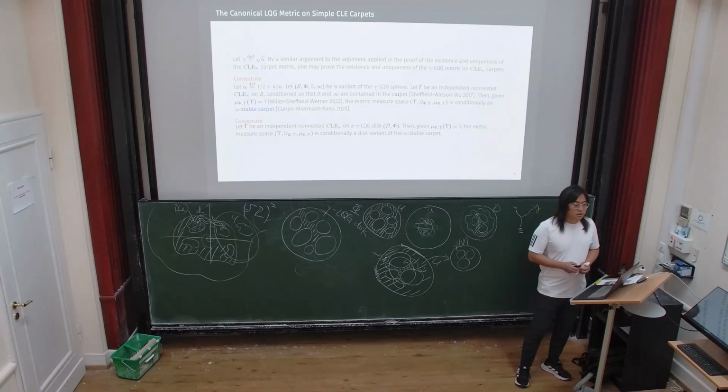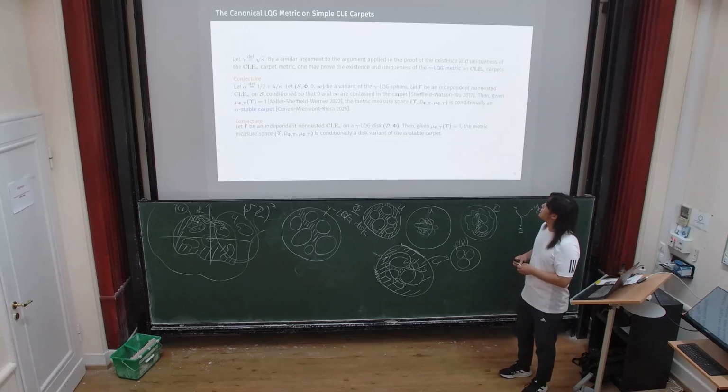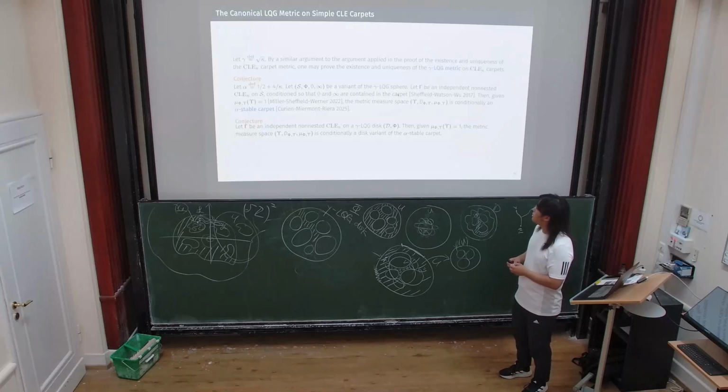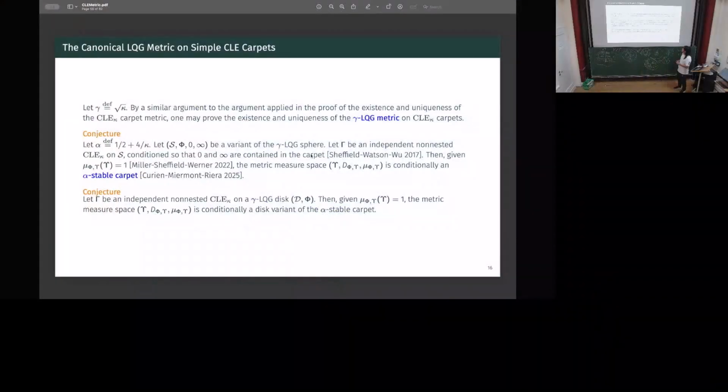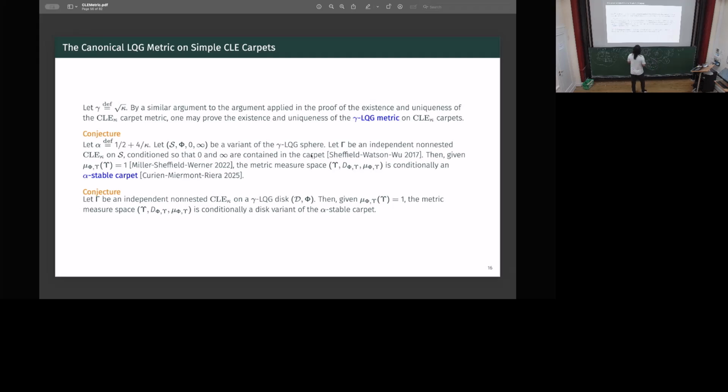What do you mean here by the disk variant? The alpha stable carpet is a triplet of the gasket, the distance, and I guess a measure. So do you just consider the measure on the disk?